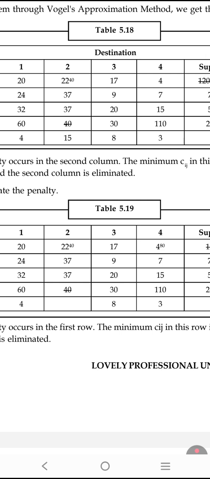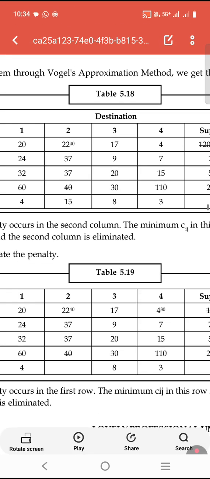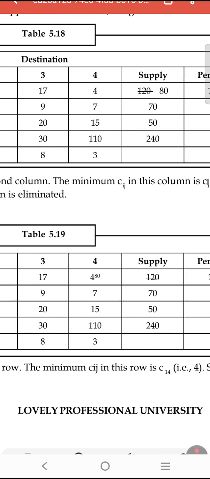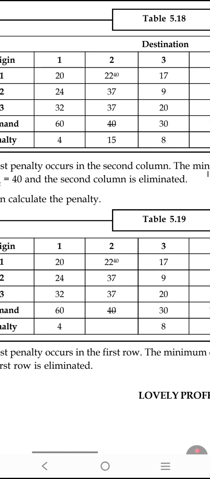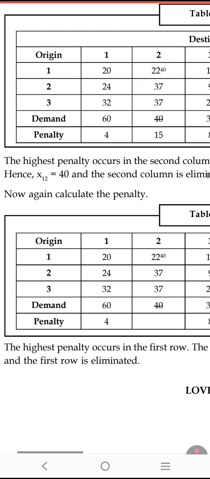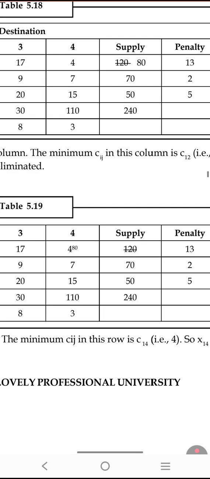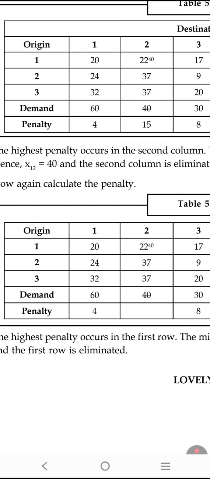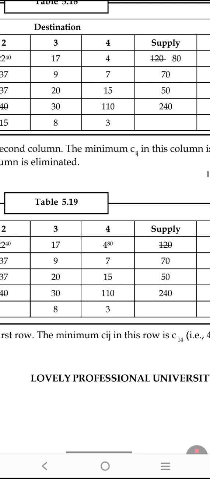We make the allocation in cell 12. Here the demand is 40 and the supply is 120, so we allocate the minimum, 40, in cell 12. We cross out the second column, since its demand is now 40 minus 40 equals 0, and the remaining supply is 120 minus 40, that is 80.